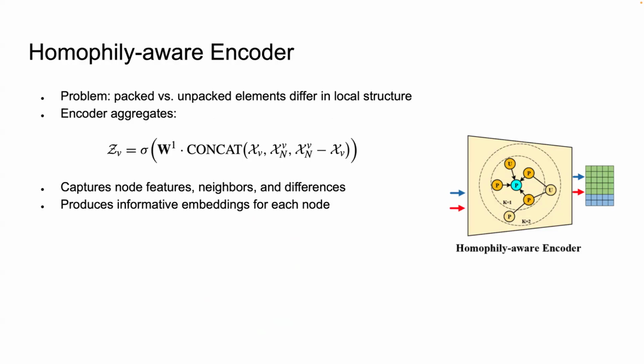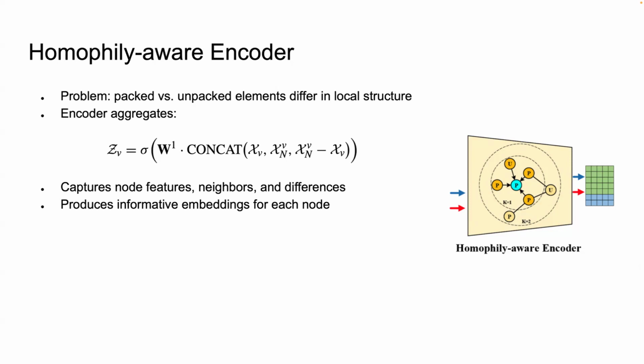You will see a similar structure in many GNN embeddings. Given, for example, our objective node is P, its features are X, V, and its neighbor features are X and V. We concatenate them, and you will see that concatenation with neighbors in many GNNs.